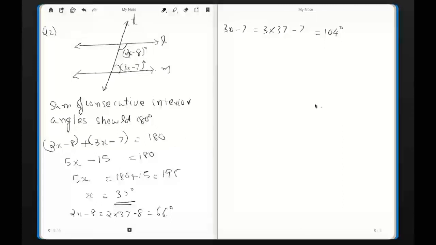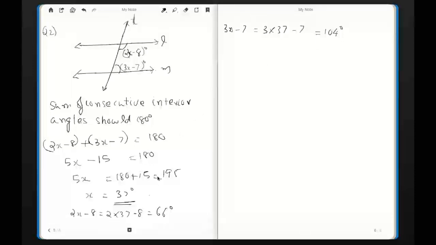Let me see. The sum of these two should be 180, but 104 plus 66 is only 170. There's something wrong.